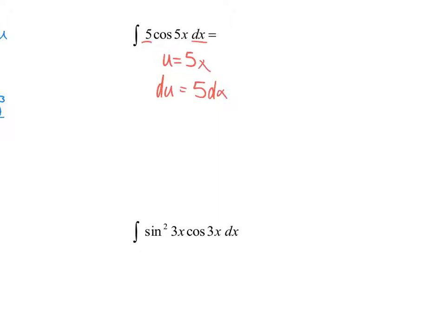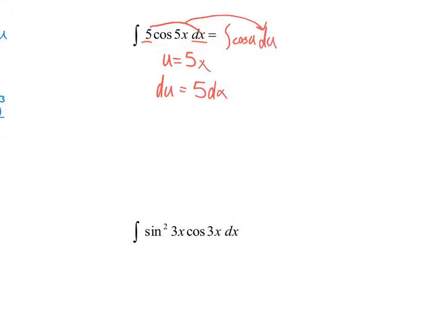So since there's already a 5 dx there, I'm going to put these together and make that the du. Now I have the integral of cosine of u. And the integral of cosine of u is sine of u.